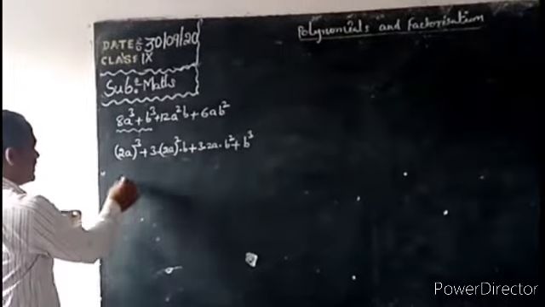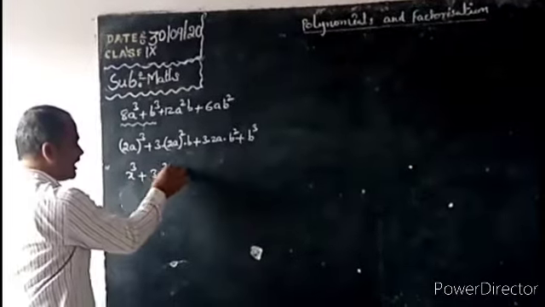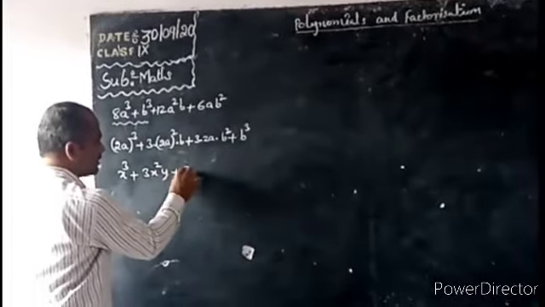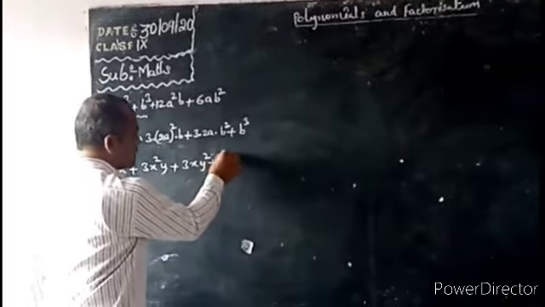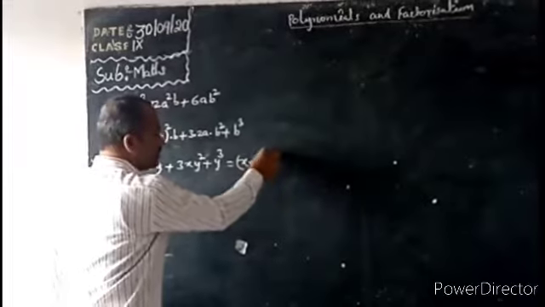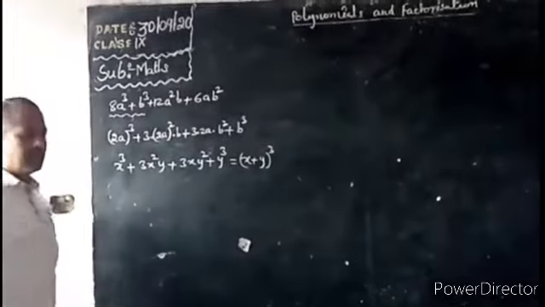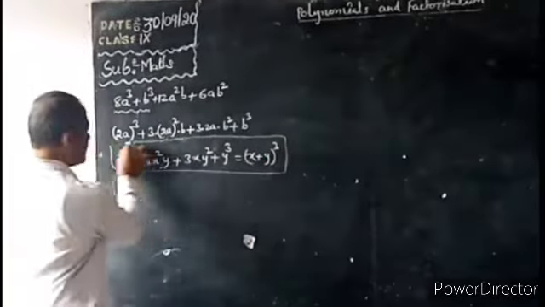Now which identity is it? x cube plus 3x square y plus 3x y square plus y cube is equal to x plus y whole cube. It is the identity. Yes or no?